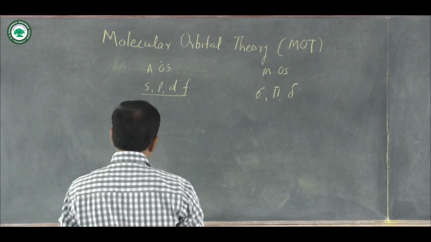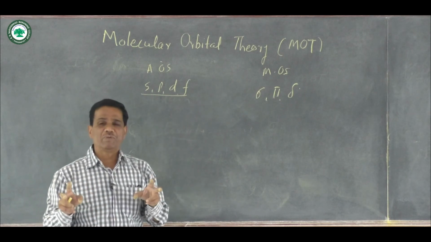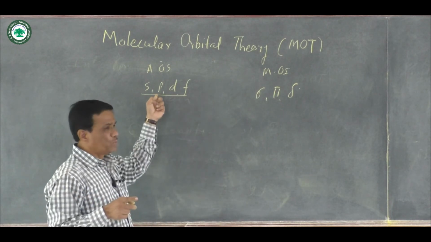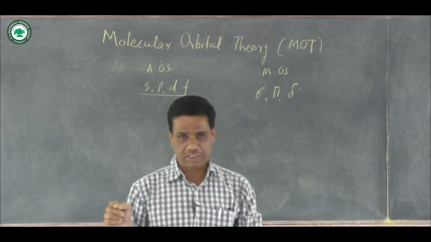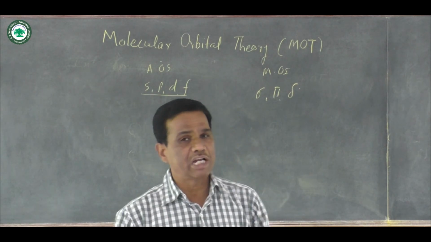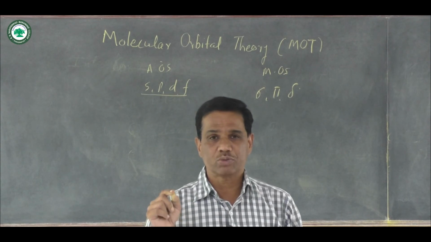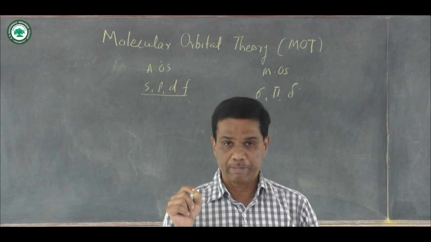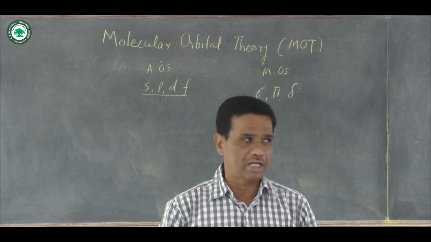The formation of this s, p, d, f in an atom does not depend upon any other factor. Suppose if you consider hydrogen atom, there is 1s1, 1 electron, means 1s orbital is there. If you consider nitrogen, atomic number 7, there is 1s2 2s2 2p3, means 1s orbital is there, 2s orbital is there, and 2p orbitals are there.